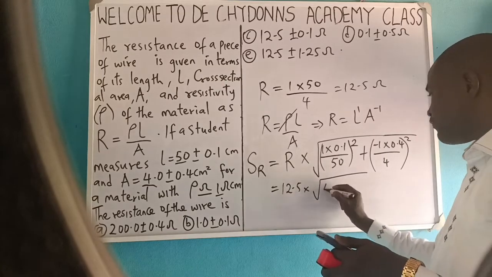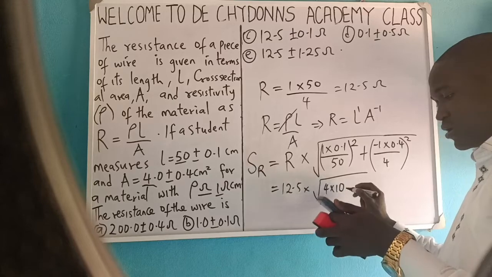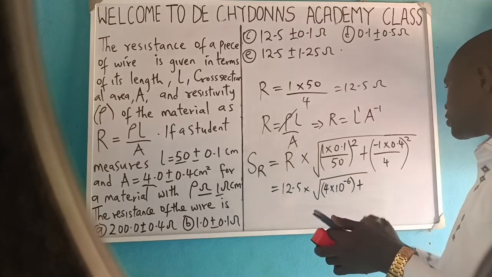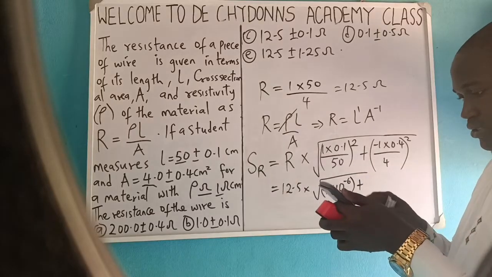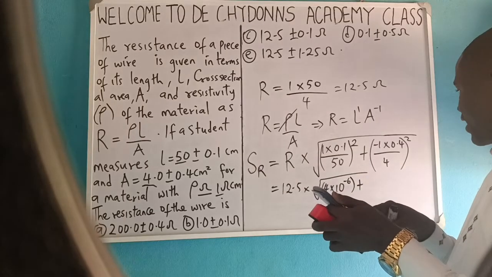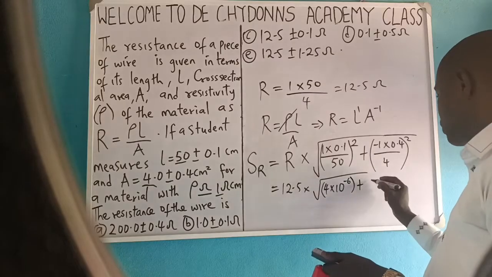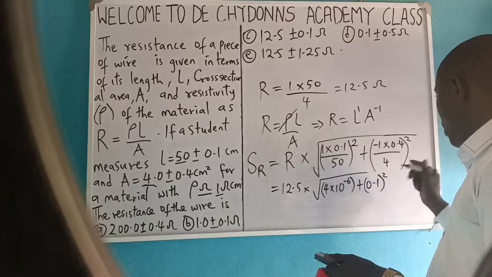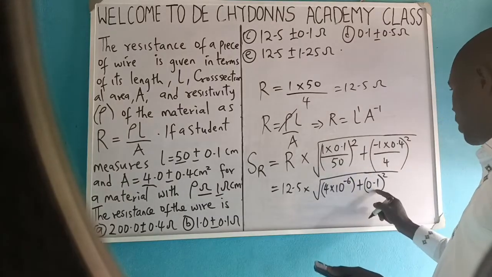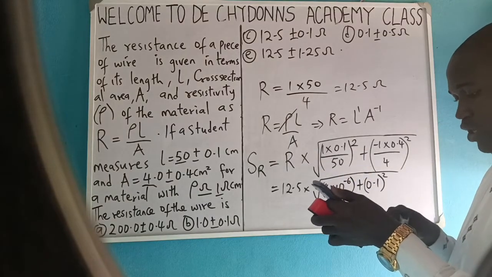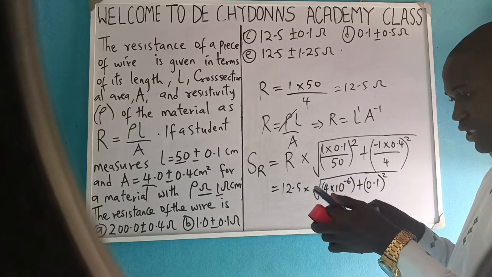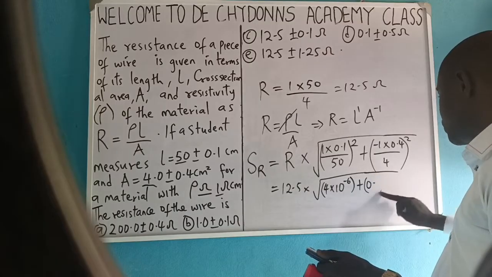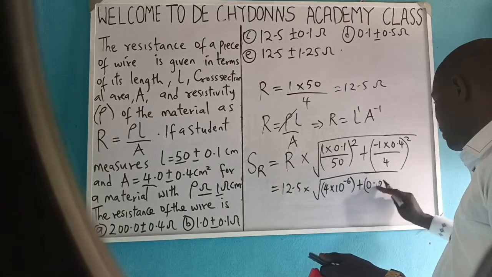We'll be having 4 times 10 raised to power minus 6, plus, we sort out this, 0.4 divided by 4, that is 0.1, 0.1 all raised to power of 2. That is for this one. So 0.1 squared is 0.01. So this one will be giving us 0.01.